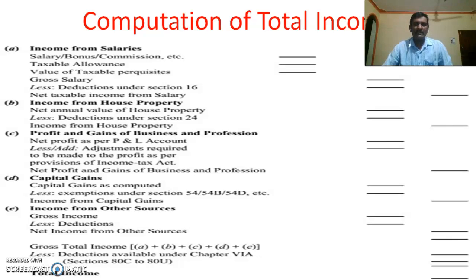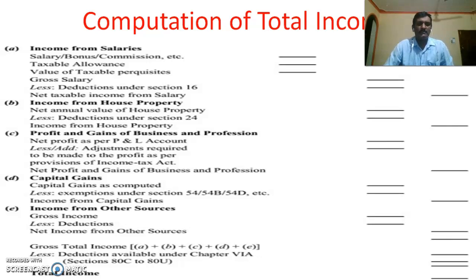Then the last head of income here is income from other sources. Here we take the gross income, and from the gross income we make the deductions. Those deductions are to be taken. Then we will get net income from other sources.